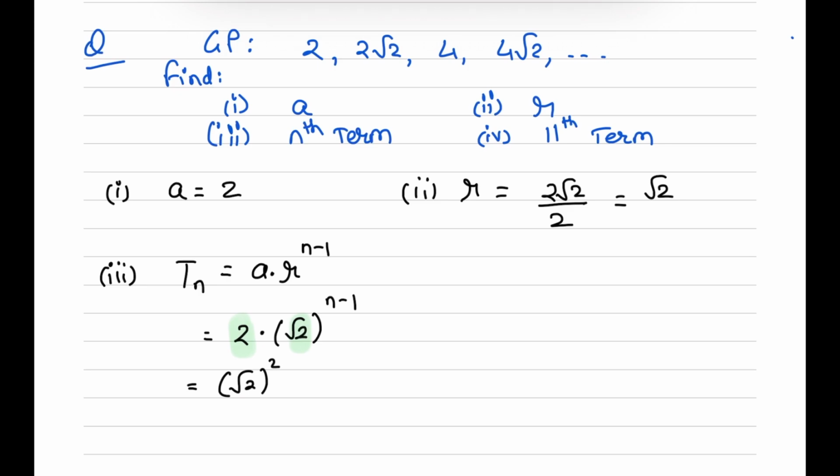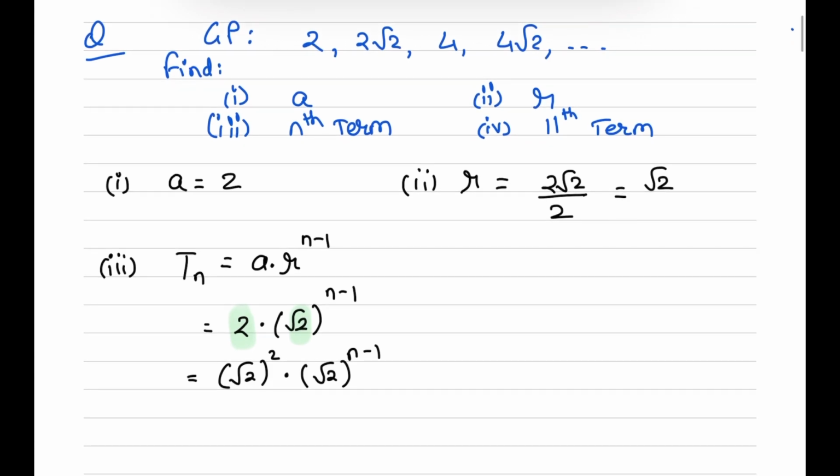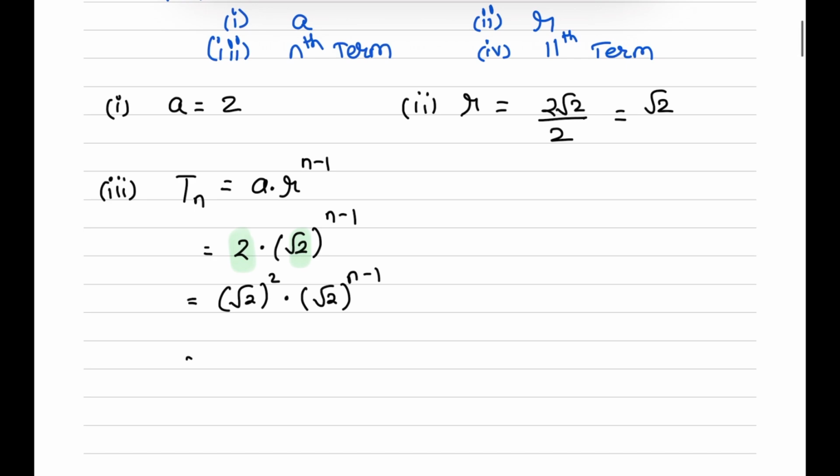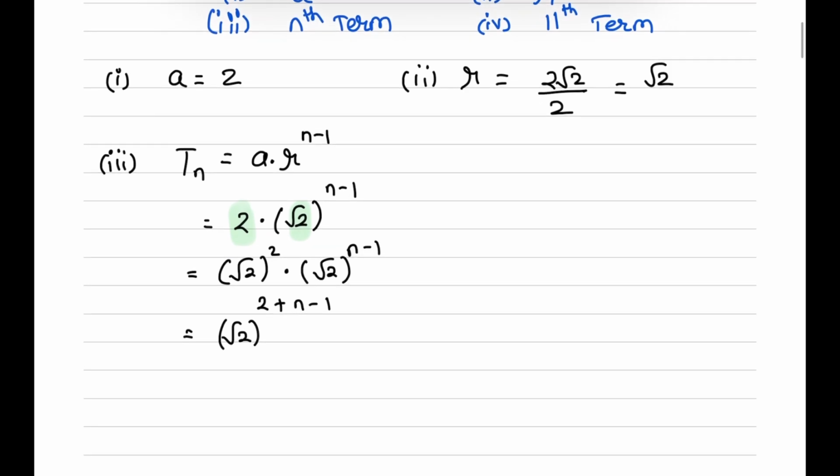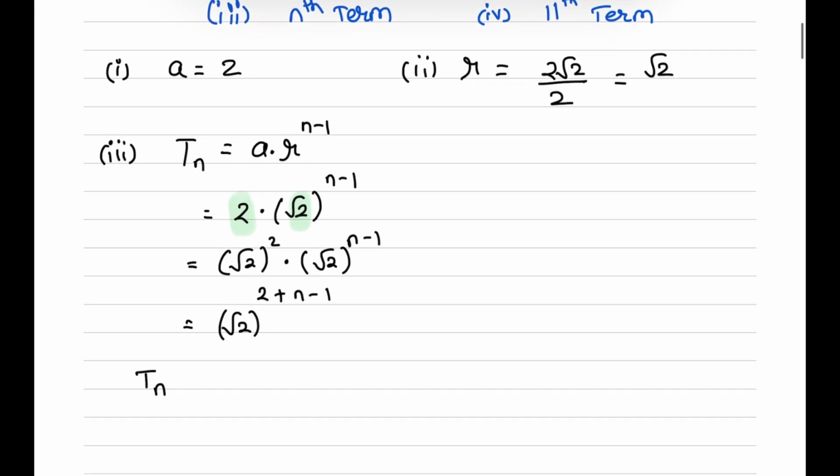So (square root 2) whole squared times square root 2 raised to n minus 1. And we know that when the same bases get multiplied, their powers are added. So square root 2 raised to 2 plus n minus 1, which gives the general term Tn equals square root 2 raised to n plus 1.